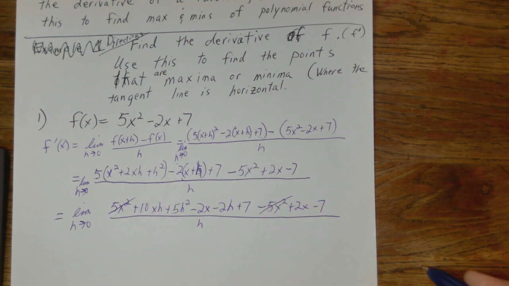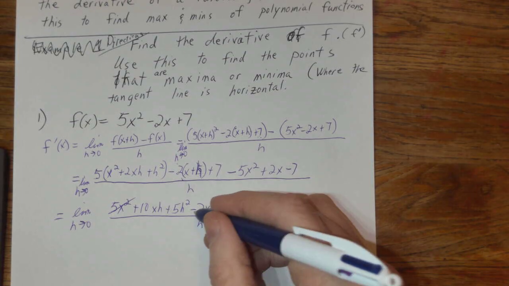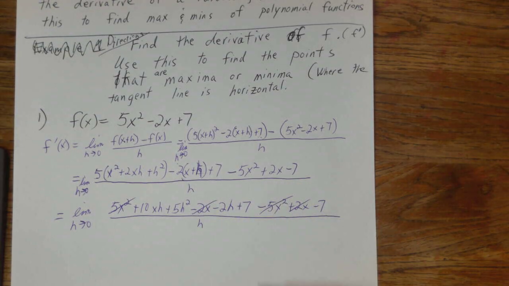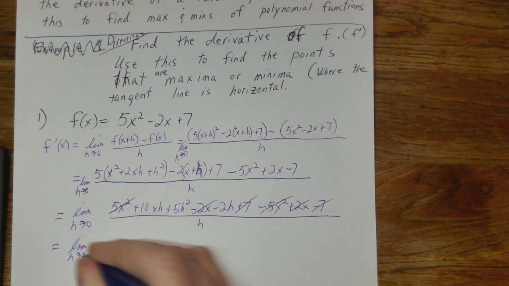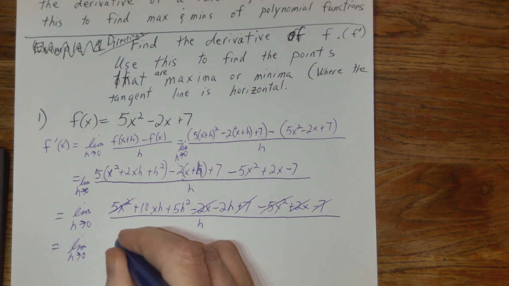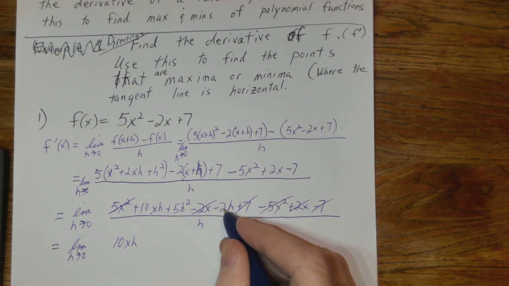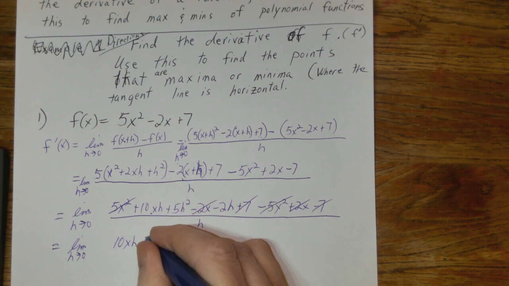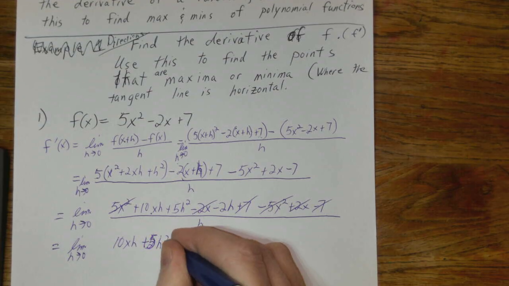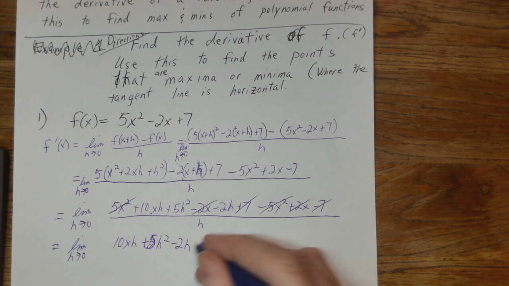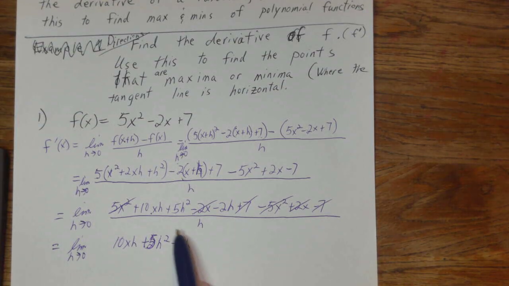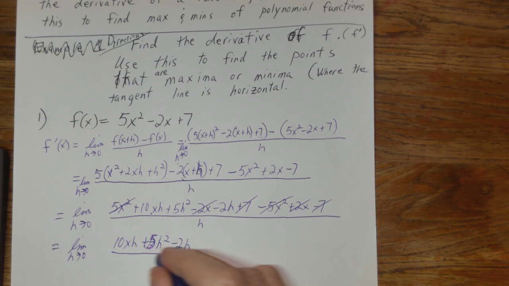Negative 5x squared and positive 5x squared. Negative 2x and positive 2x. Positive 7, negative 7. Alright, how's that look now? The limit as h approaches 0, 10xh is still there, plus 5h squared minus 2h, and that is over h.